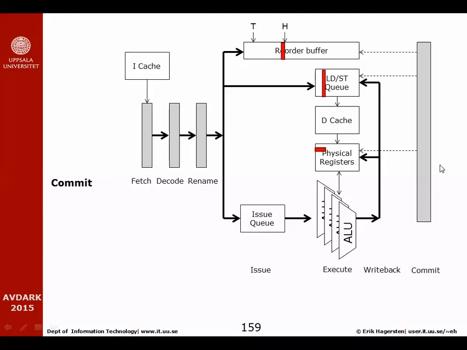On commit, you commit when the instruction is at the head of the ROB. So what you do then is free up lots of resources. You free up some physical registers.